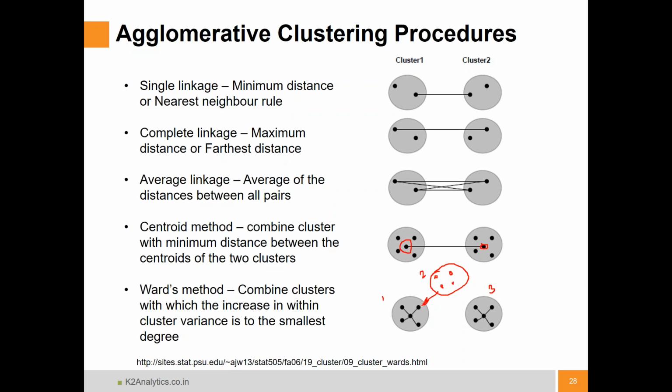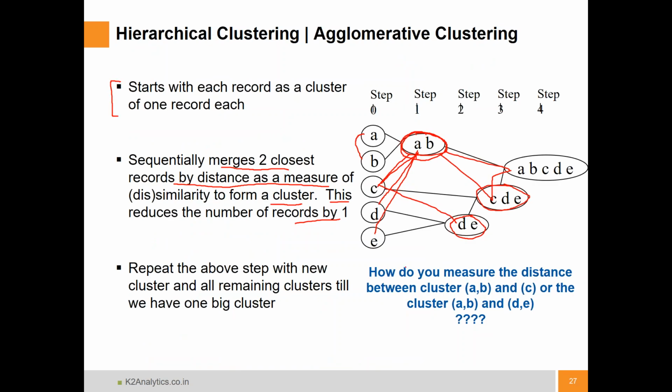So as I agglomerate and go to the top, this will be the most heterogeneous form. This is the most homogeneous because they are clusters of one, and these are relatively less homogeneous than clusters of one. And as you go up, it's an agglomerative process. So in an agglomerative process, as you keep going up, you are trying to combine, and then you become more and more heterogeneous. After seeing this kind of diagram, you will decide at which level we want to stop.